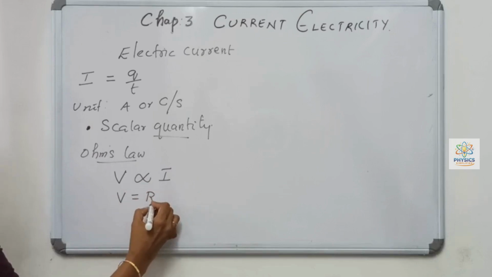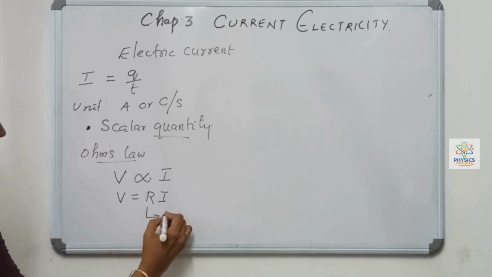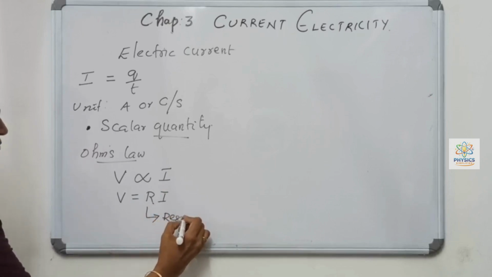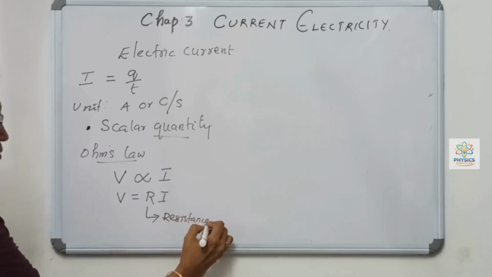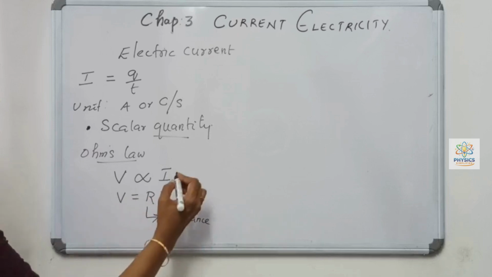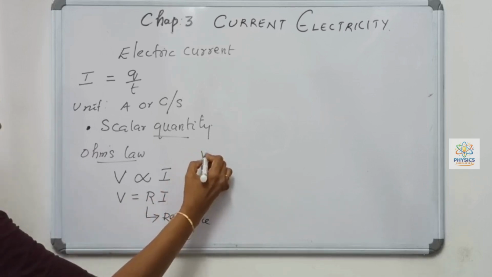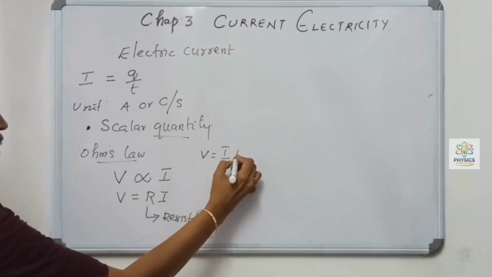The constant is represented by the letter R, into I. This constant is said to be the resistance of a conductor. From this relation we can write V is equal to IR.